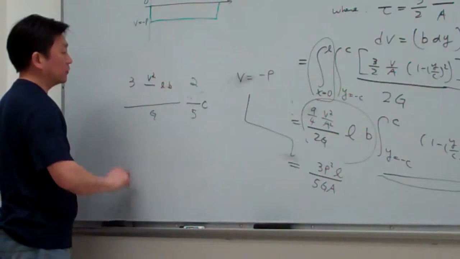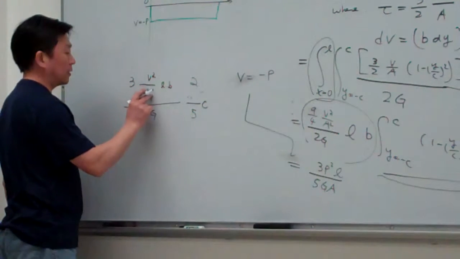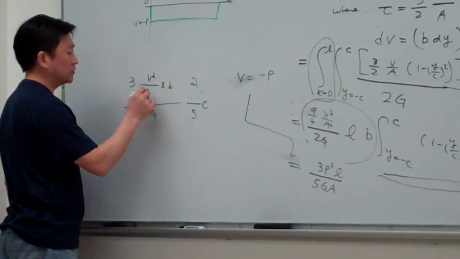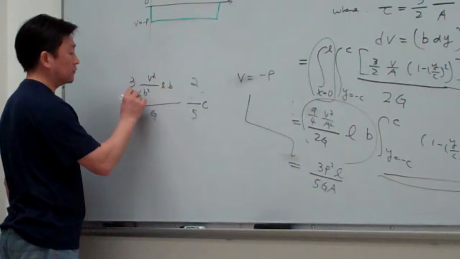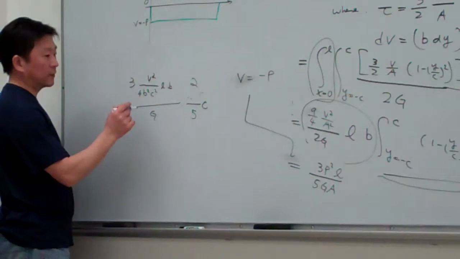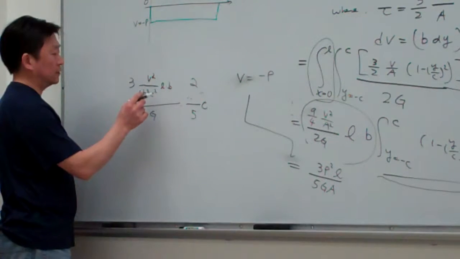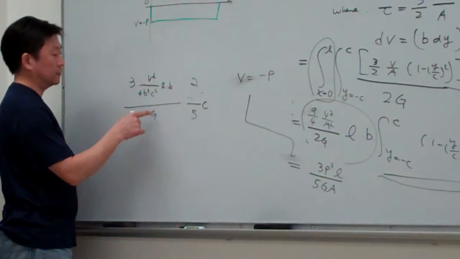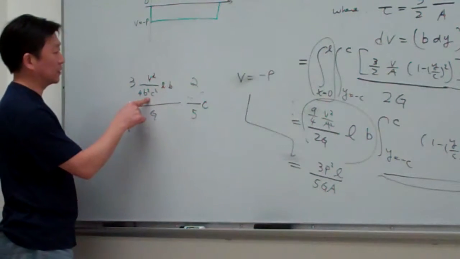And A equals B squared times 2c squared, so that is 4c squared, right? Yes, it is squared.